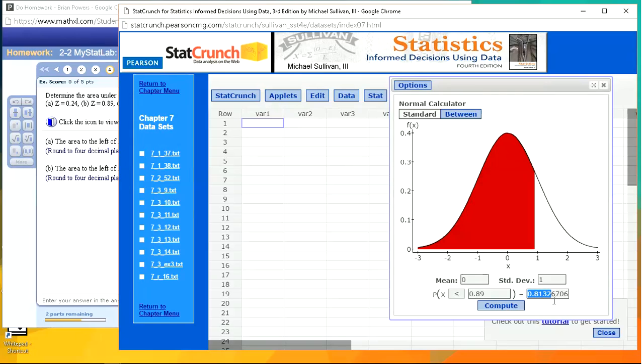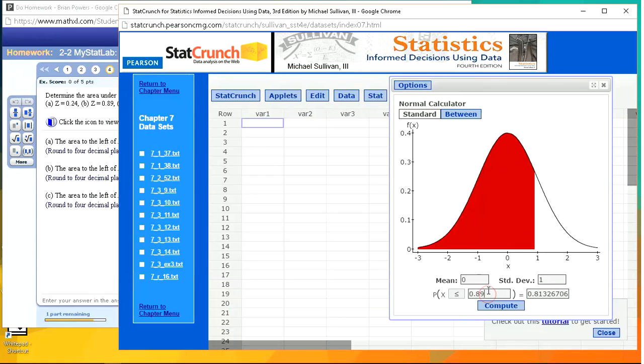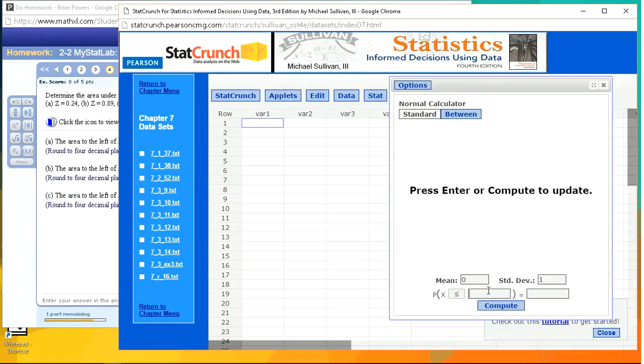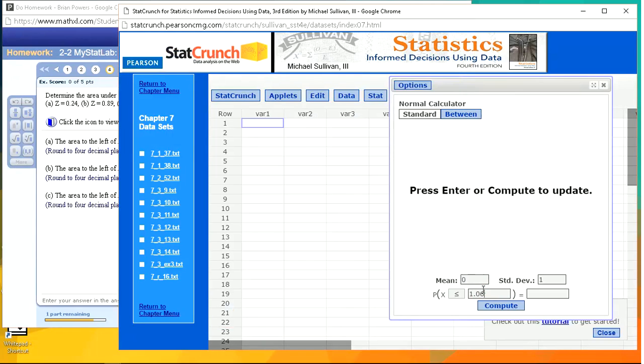I'm going to have to round that up to 0.8133, so I'll remember that. This is much more exact than you're going to get by a table, and it's much faster, and you're less prone to error. 1.06, so you just type in the amount.